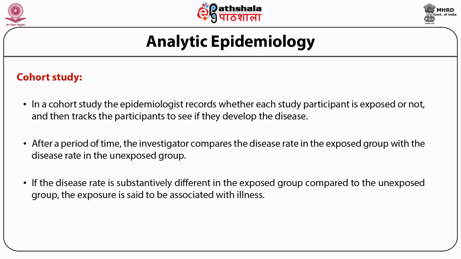If the disease rate is substantively different in the exposed group compared to the unexposed group, the exposure is said to be associated with illness. These studies are sometimes called follow-up or prospective cohort studies because participants are enrolled as the study begins and are then followed prospectively over time.